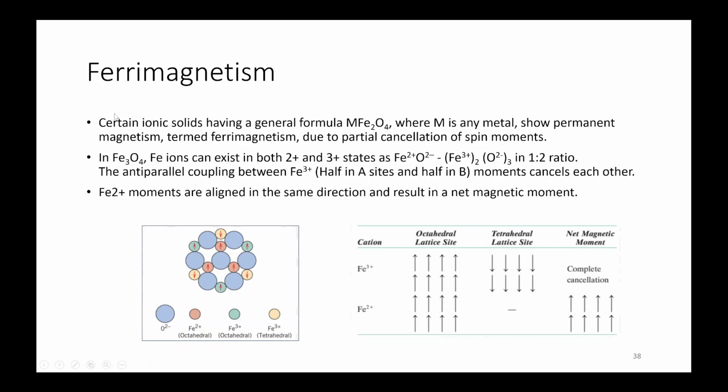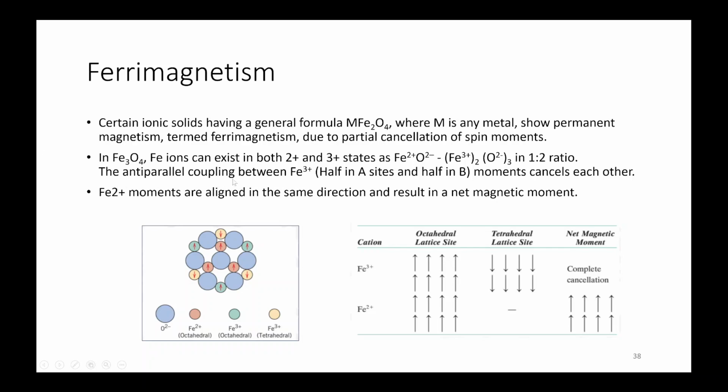Ferrimagnetism. In this, certain ionic solids having a general formula MFe2O4, where M is any metal, show permanent magnetism, termed ferrimagnetism, due to the partial cancellation of spin moments. In Fe3O4, Fe atoms can exist in both 2 plus and 3 plus states as Fe2 plus O2 minus and Fe3 plus to O2 minus 3 in a 1:2 ratio.